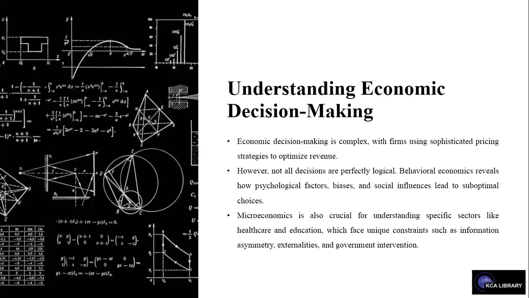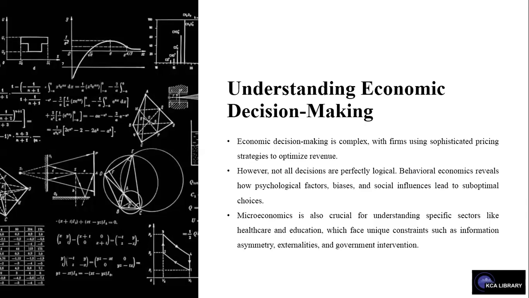The first thing we will look into is having an understanding of the economic decision making. When we talk about the economic decision making, it is complex, with firms using sophisticated pricing strategy to optimize the revenue. However, not all decisions are perfectly logical.